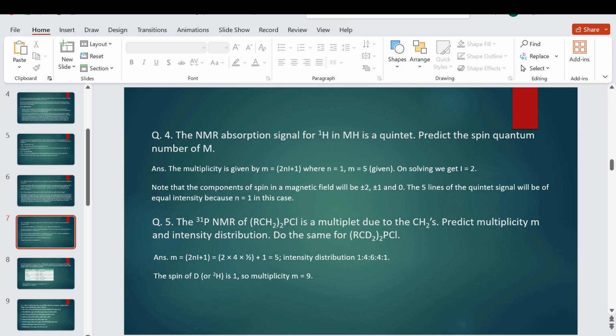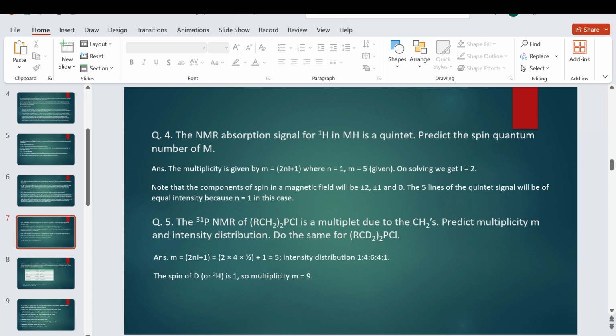By putting the values of M and n, we get M equal to 5. On solving, we get I equal to 2. Note that the components of spin in the magnetic field will be plus minus 2, plus minus 1 and 0, and the 5 lines of the quintet signal will be of equal intensity because n is 1.